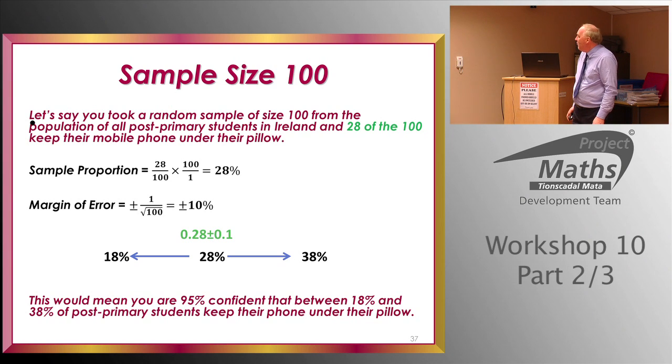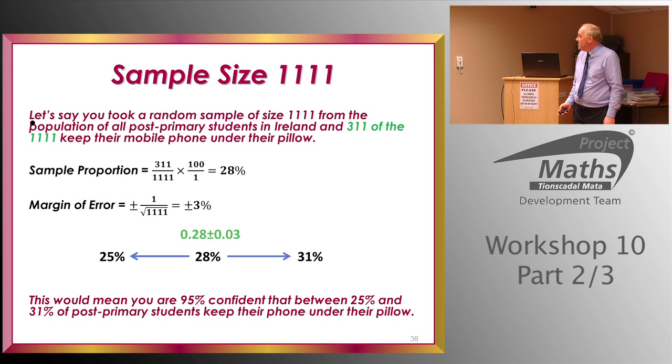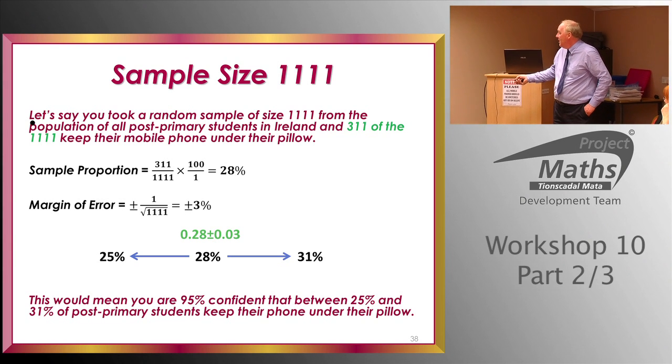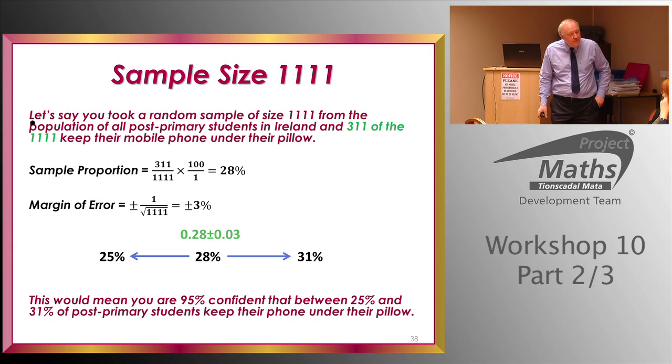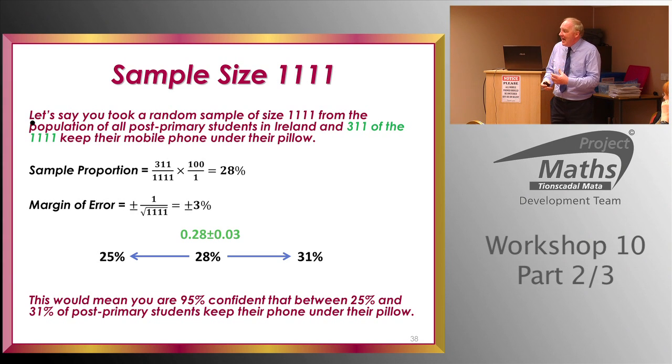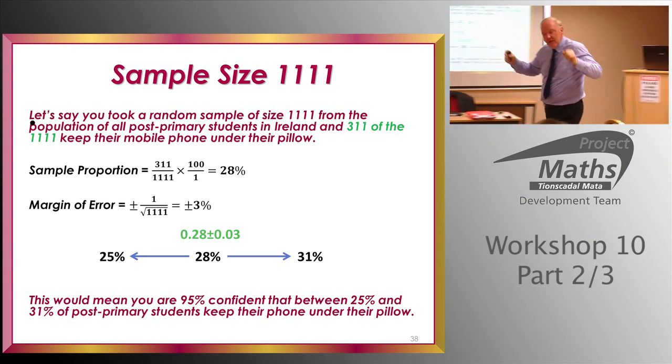If I go a little further to 1111, it's the same maths again, and I'm now 95% confident that between 25 and 31% keep their phone under their pillow. So the sample size has an input into the interval limits. Okay, is that okay?